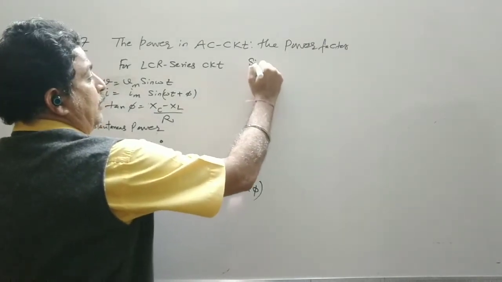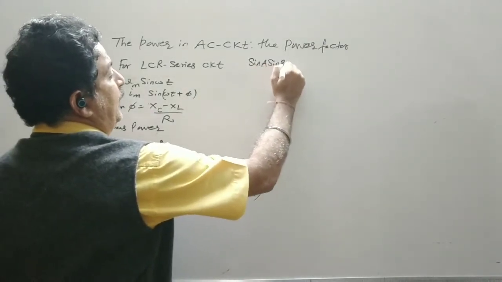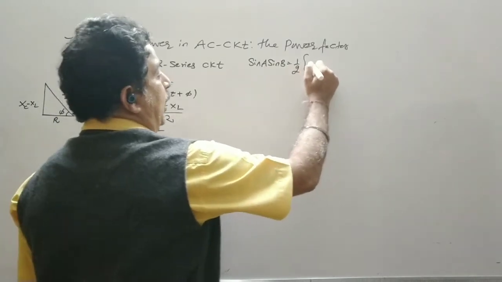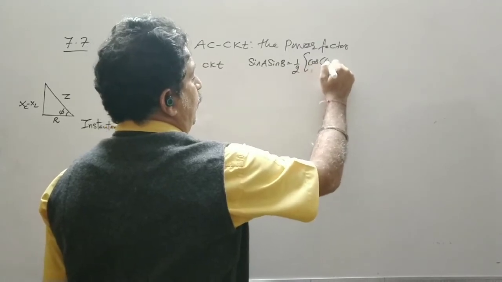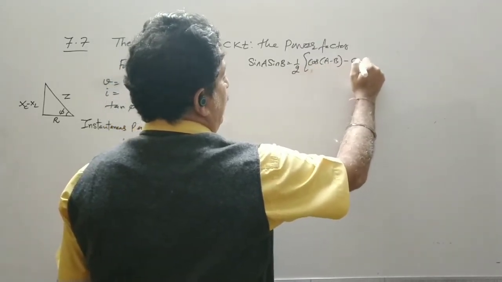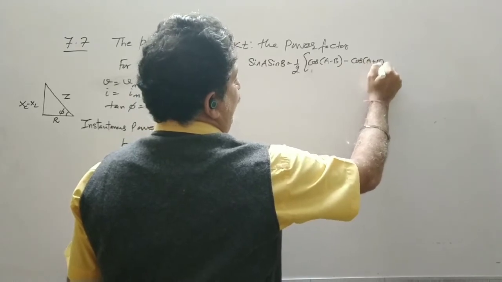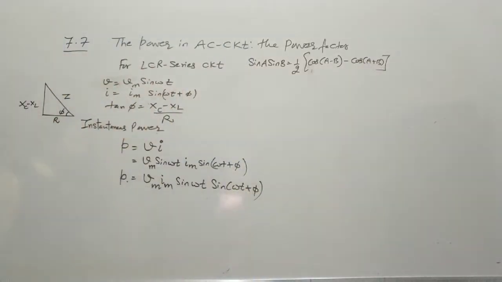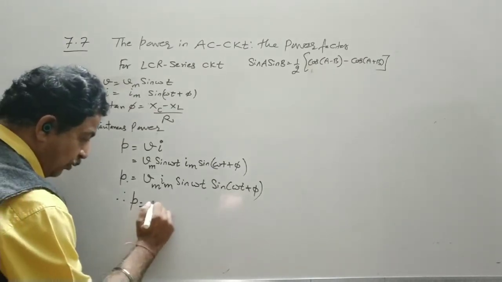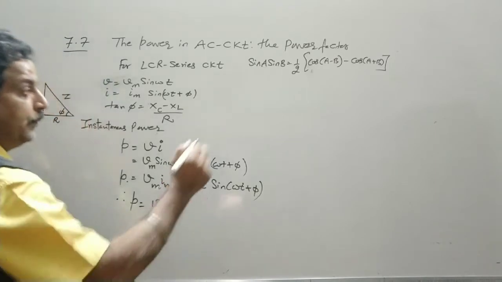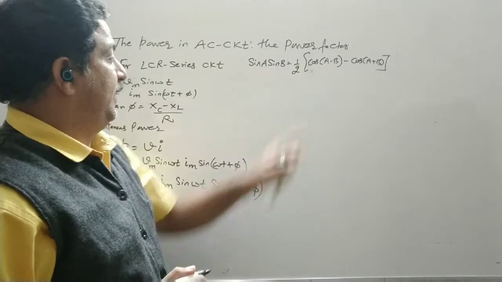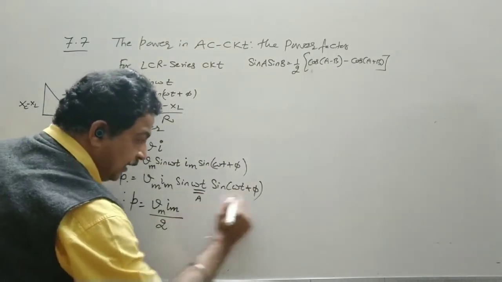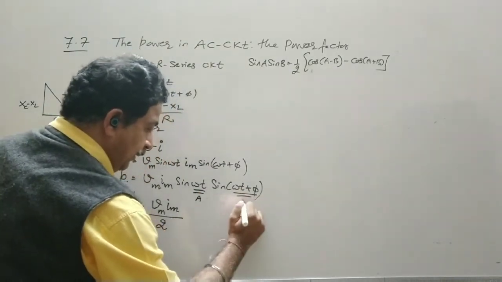Now sine A sine B can be written as half of cos of A minus B minus cos of A plus B. The mathematical students know this formula. So therefore P is equal to Vm Im, we have this half, then cos A minus B. Here A is omega t and B is omega t plus phi.